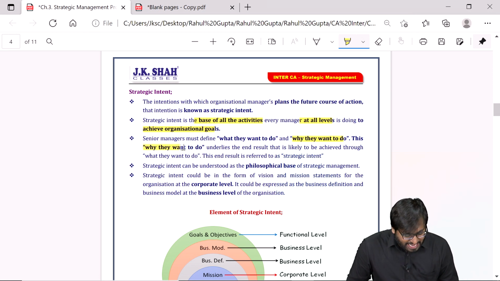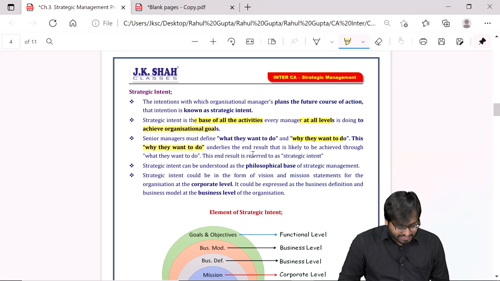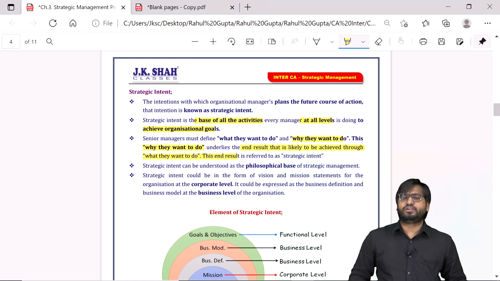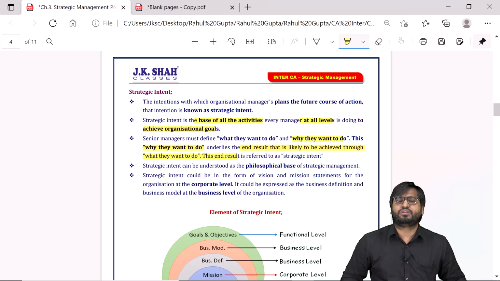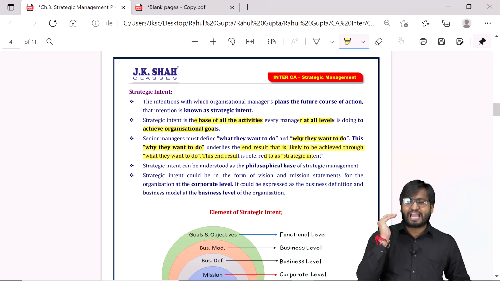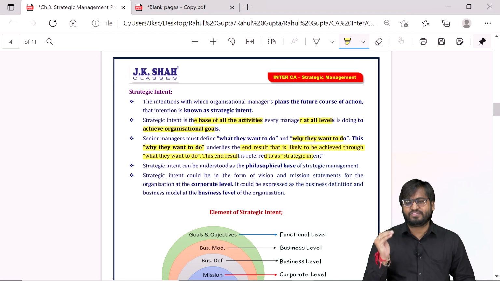This why they want to do it underlies the end result that the organization is going to achieve through what they want to do. The end result is referred to as strategic intent. So the final why we want to do it.